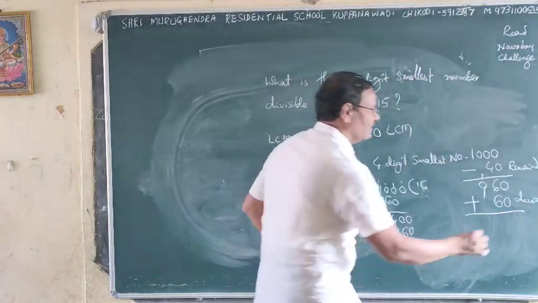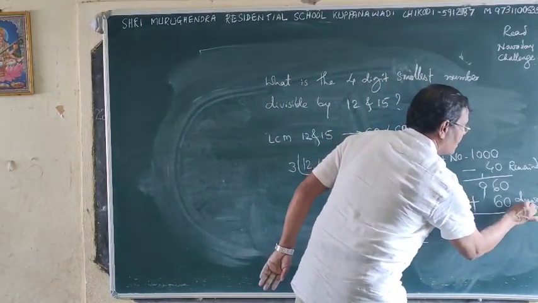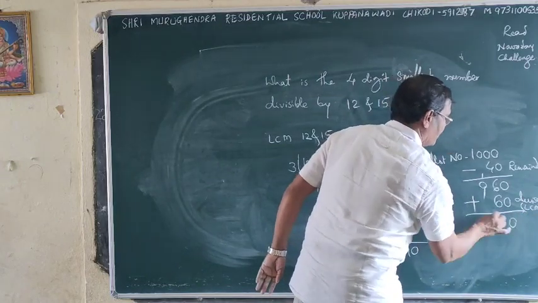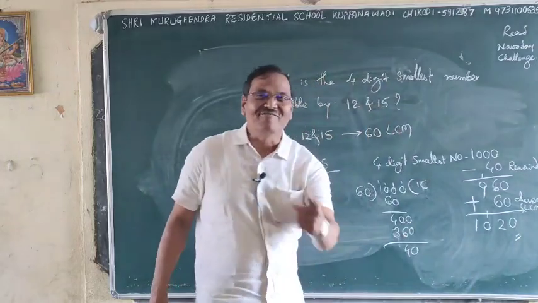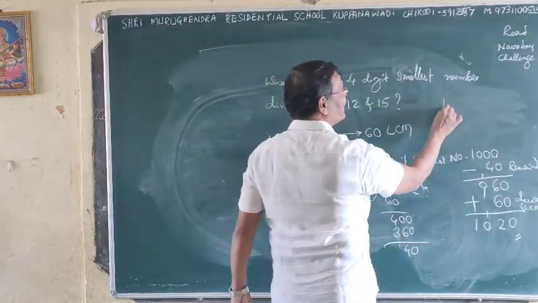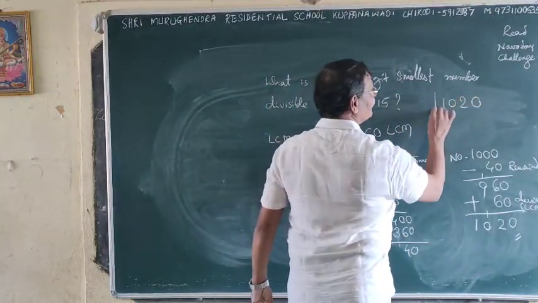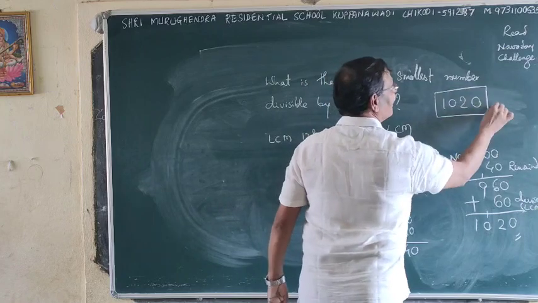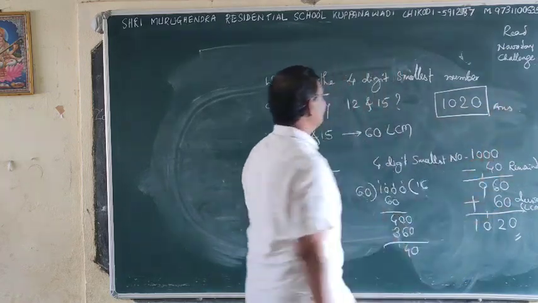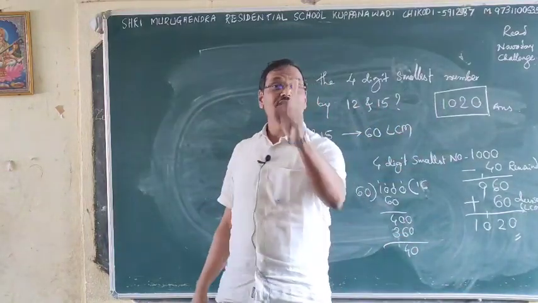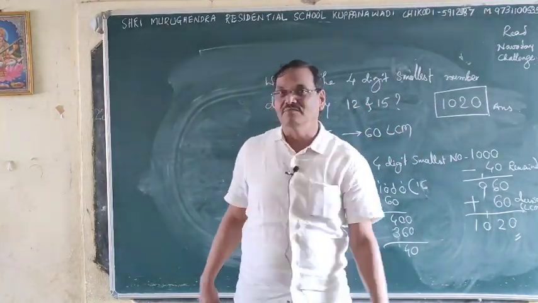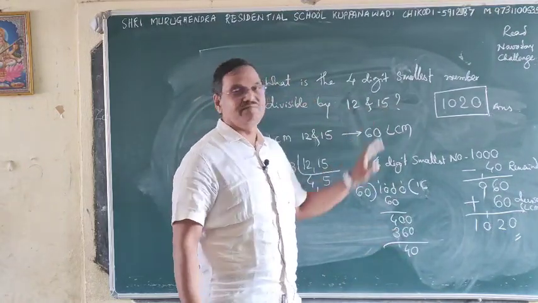That LCM, in the sense, LCM should be added. See, the 4-digit number came: 1020 is the number divisible by 12 and 15. 1020 is the 4-digit smallest number divisible by 12 and 15.